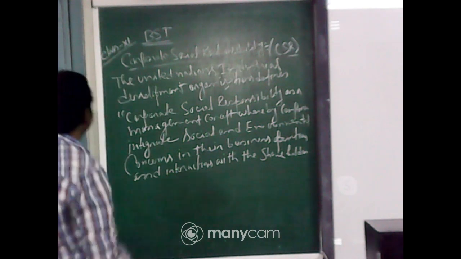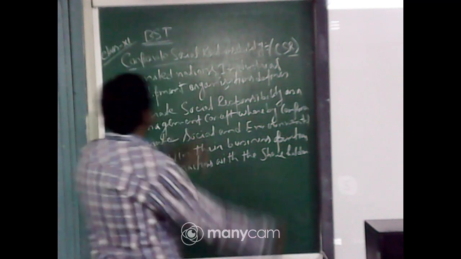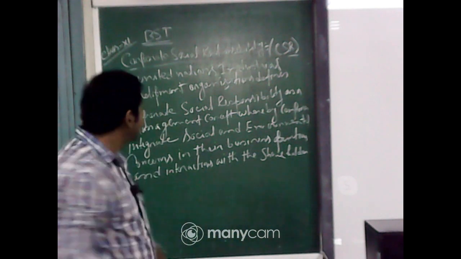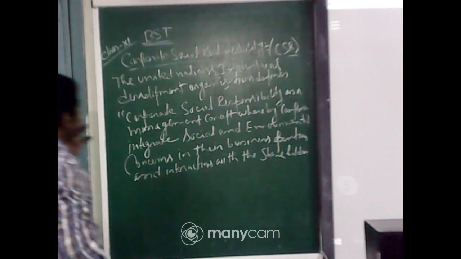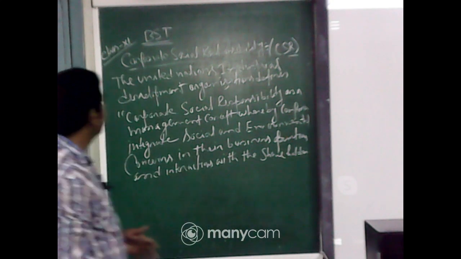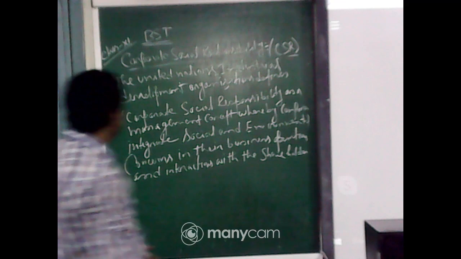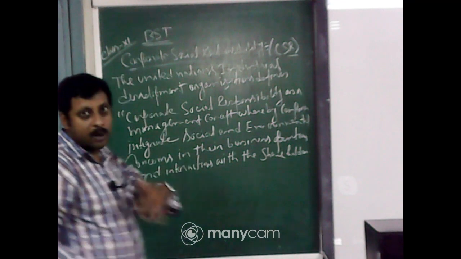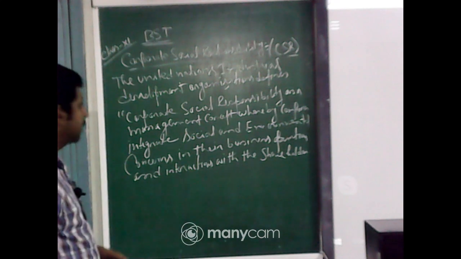Now, the United Nations is a big body, and it is present all over the world, and the United Nations has different branches. They have branches for environmental protection. There are some branches for war-related protection.